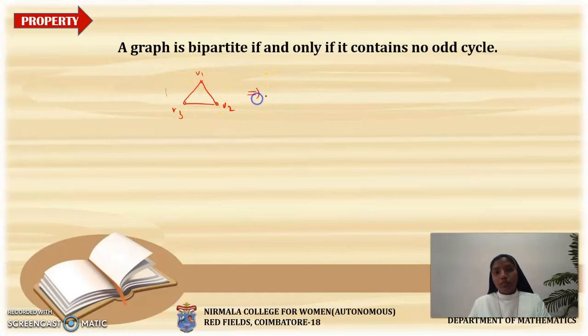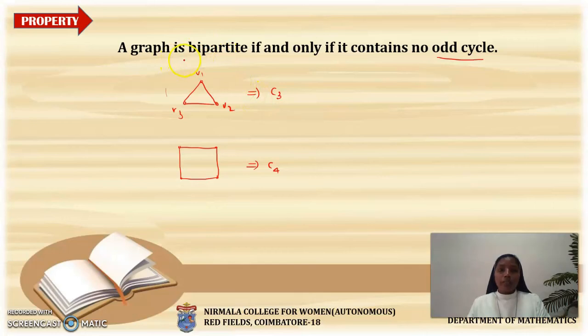Therefore, this is known as cycle C3. And similarly, if you consider a square graph also, then it contains 4 vertices and it is a closed cycle. So, the number of vertices are 4, hence it is called as C4. So, when I say R cycle, the number of vertices of the cycle must be R.